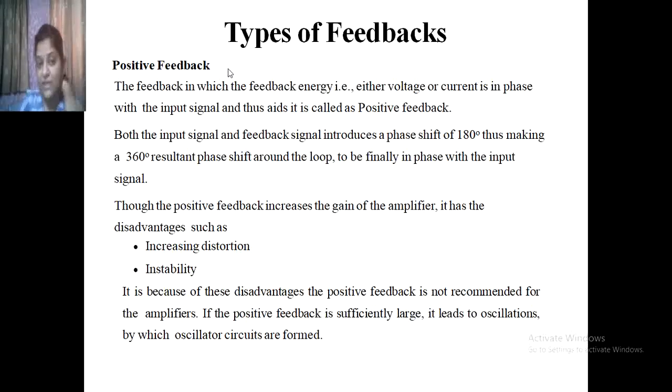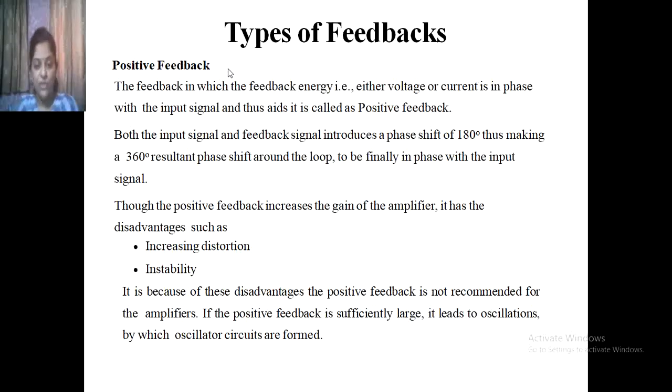Both the amplifier and feedback network introduce a phase shift of 180 degrees, thus making 360. So the resultant phase shift around the loop is finally in phase with the input signal.